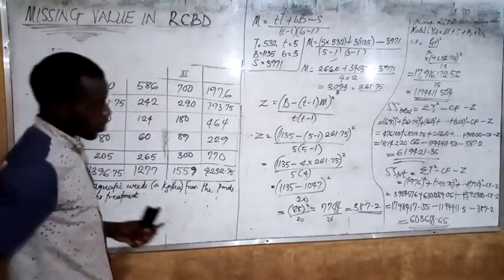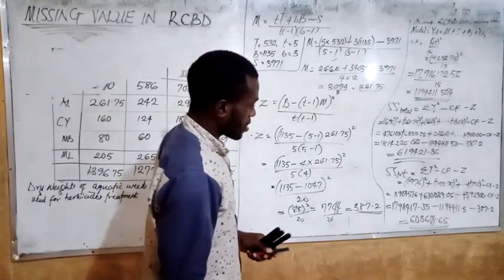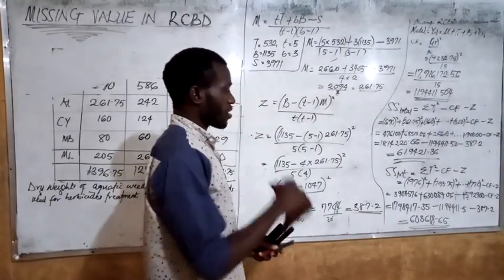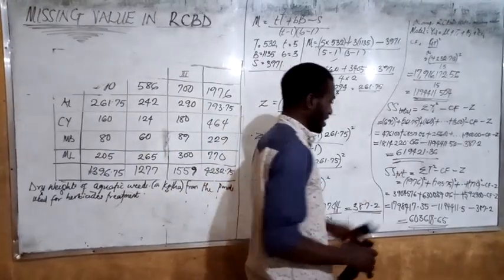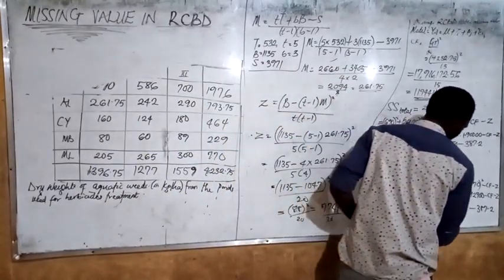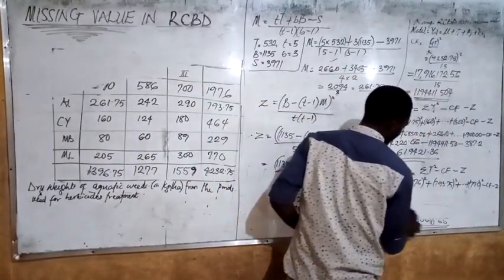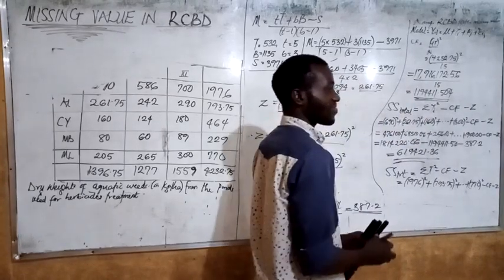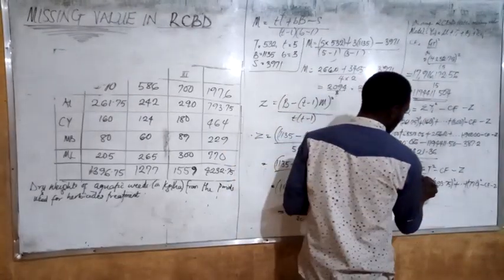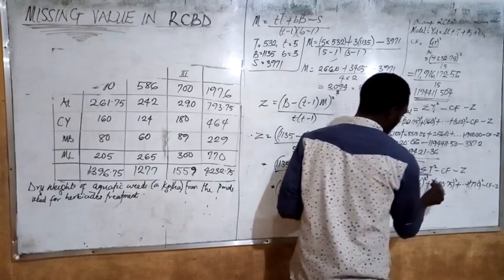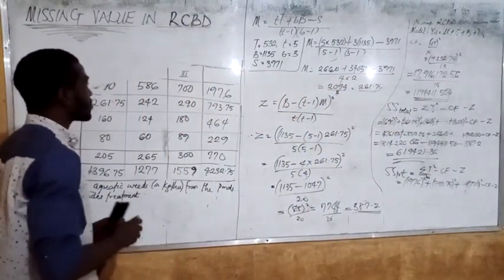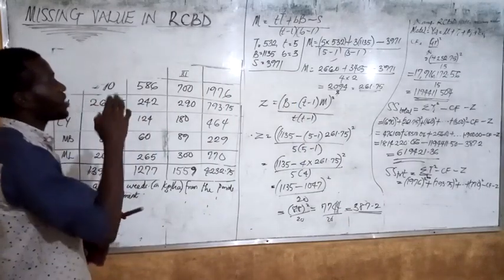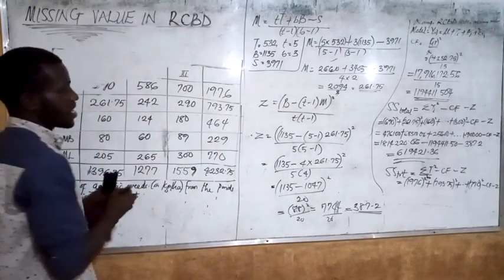Alright, so the next thing we are going to calculate is the SS block. Now take note of the fact that we missed out something. We are supposed to divide by the number of replicates of the treatment. So it should be over B. So you should not forget the RCBD process.